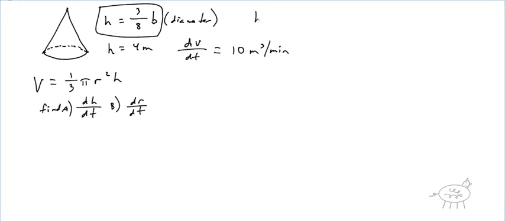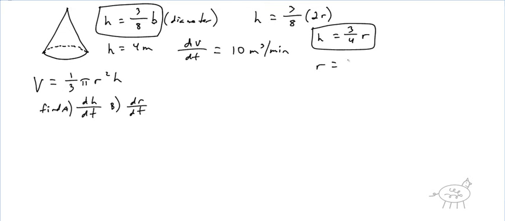Now, this is a little tricky, it's 3/8 times the diameter, or 2r. Do you guys agree with that? So really my height is equal to, if I simplify that, 3/4 r. That's good, and then I can turn that into r is equal to 4/3 h. So there's another friendly formula I can use, right?